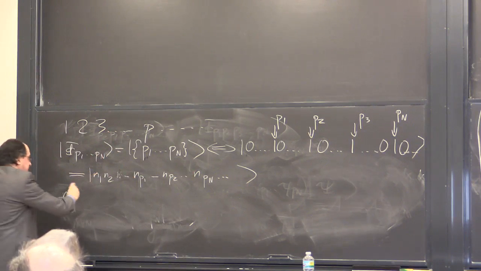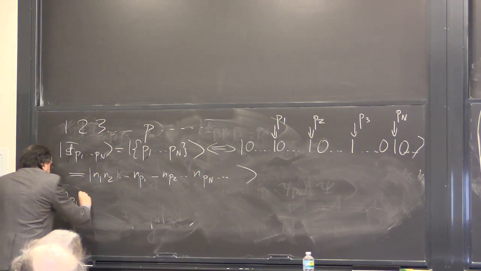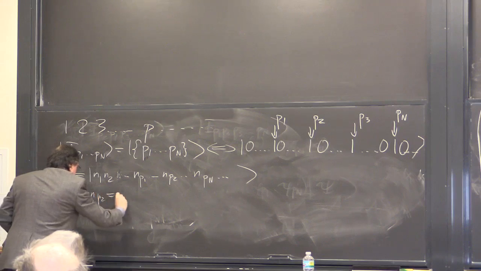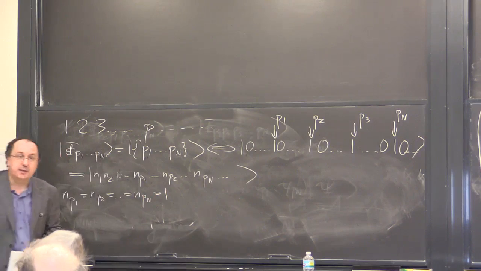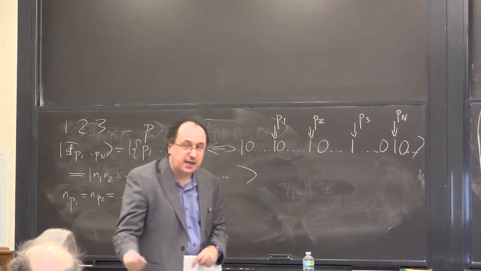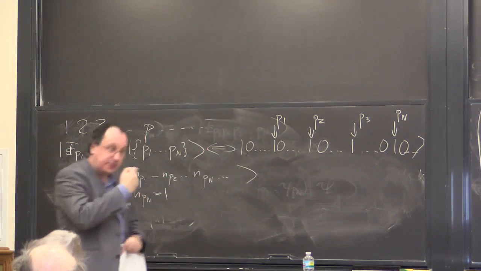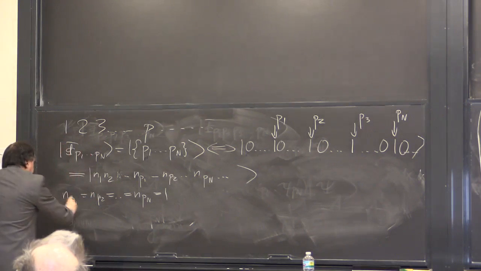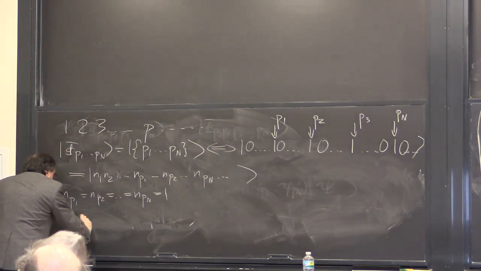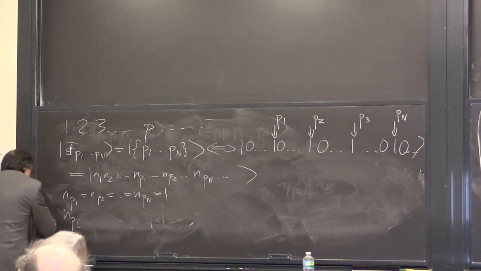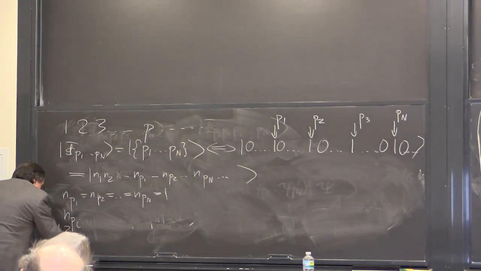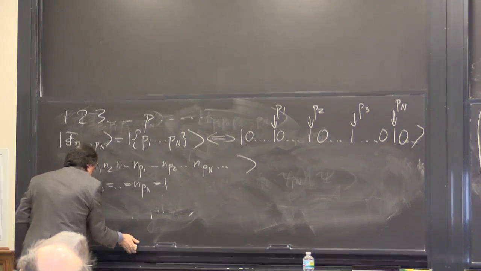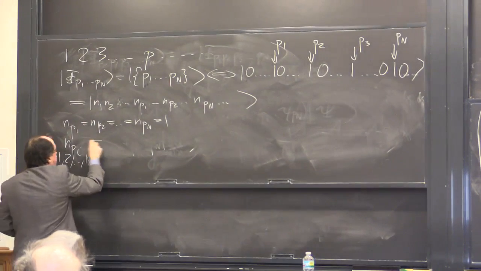In our case, n_P1 equals n_P2 equals up to n_Pn equals 1. Those are the occupied single particle states. We're going to use that language, occupied in this determinant. All of the other ones, n_Pi with i different than 1 or 2 up to n, are 0.